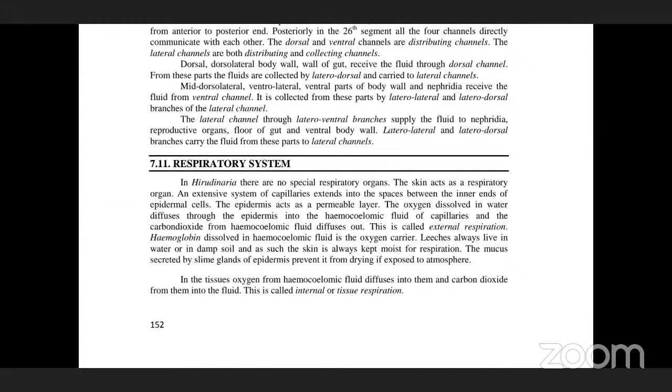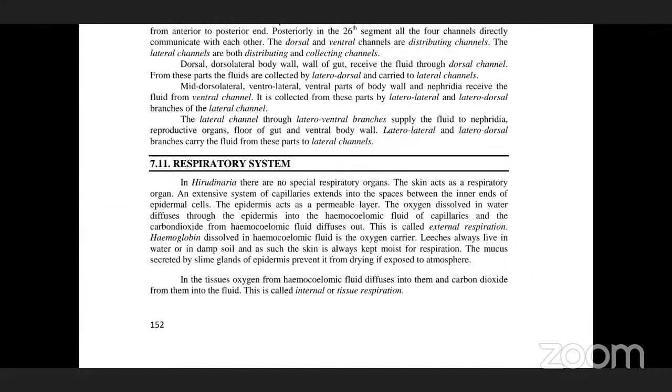It extends into the spaces between the inner ends of the epidermal cells. The oxygen which is dissolved in the water is taken up, and then the carbon dioxide is diffused out. This is called external respiration.